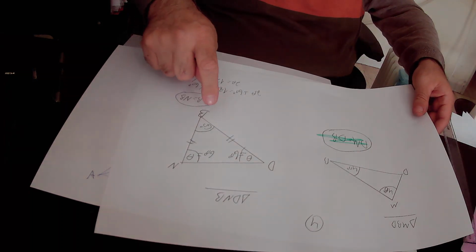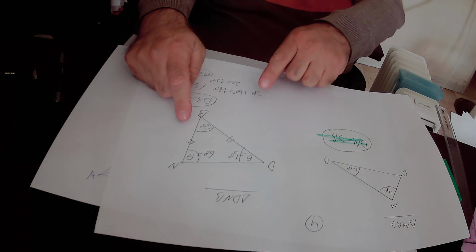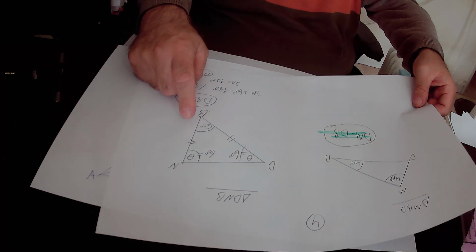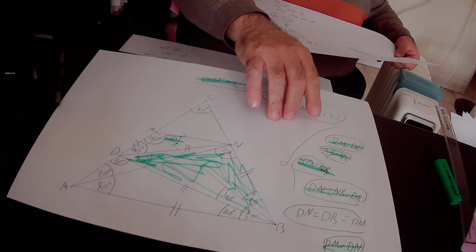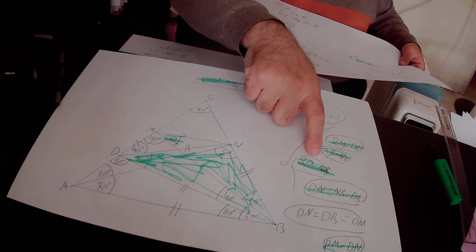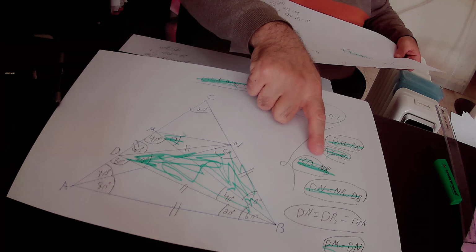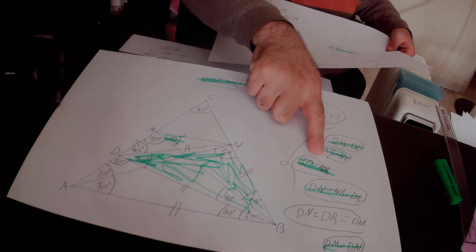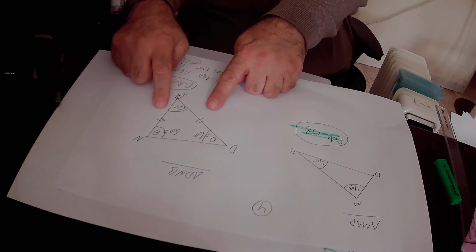This is triangle DNB that I copied from the original drawing, and angle DBN equals 60 degrees. Again, we found out that DB equals NB.